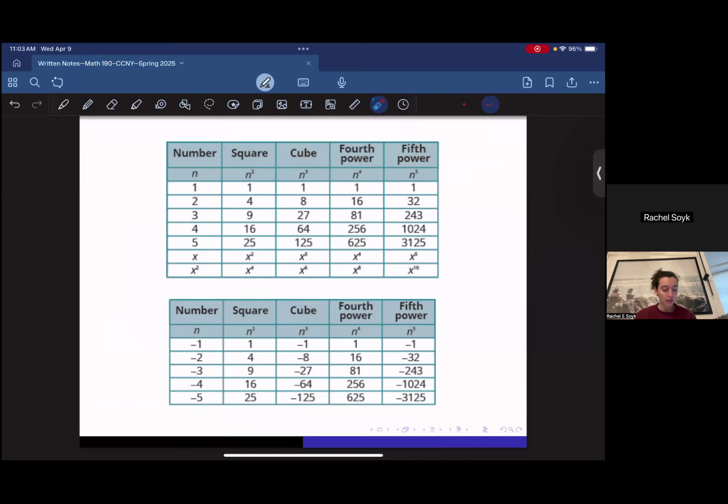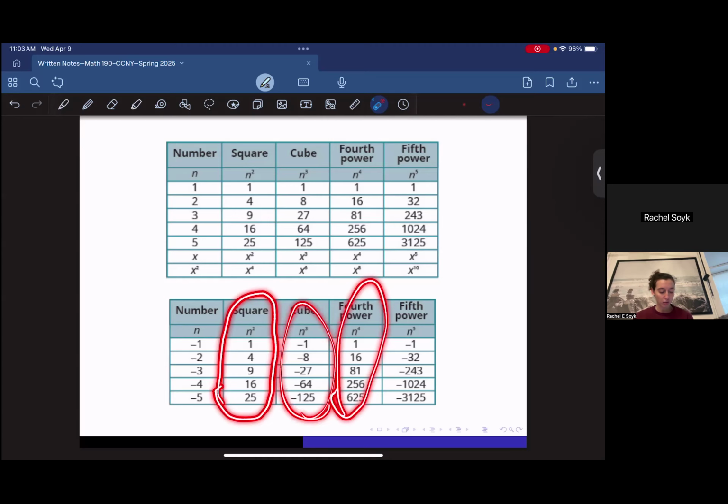We have 2 to the 2nd is 4, 2 to the 3rd is 8, 5 to the 2nd is 25, 5 to the 5th is 3,125, and so on and so forth. Another thing to keep in mind, if you have even degrees and you're dealing with negatives, all of the even degrees shoot to positive, all of the odds remain negative.